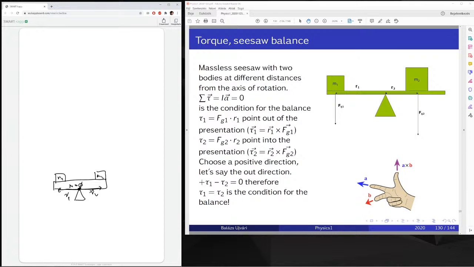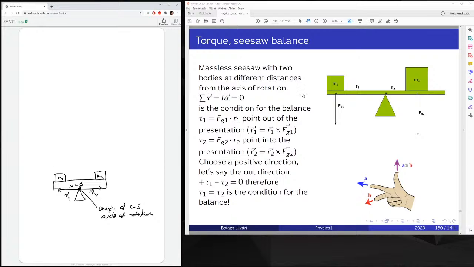The origin of the coordinate system is there, and also this is the axis of the rotation. How can we calculate the condition for the balance?